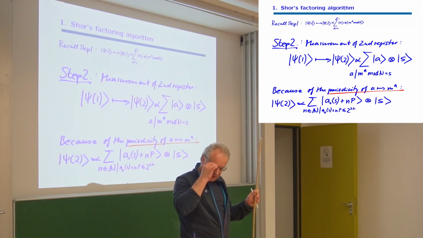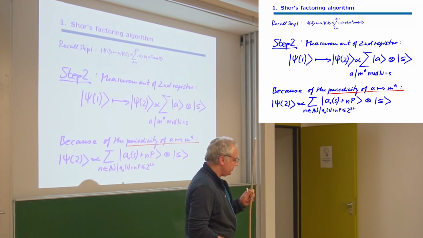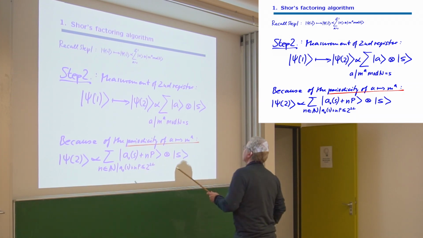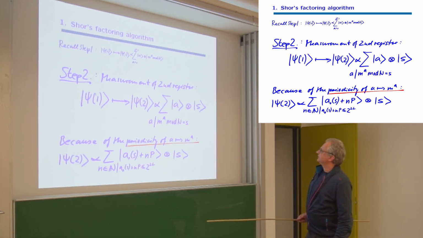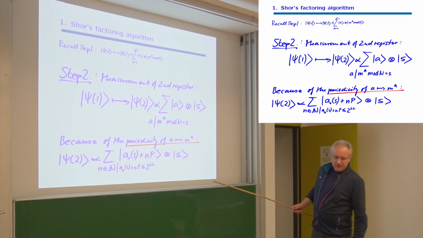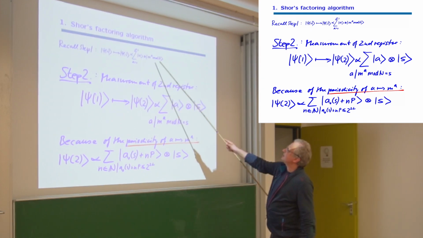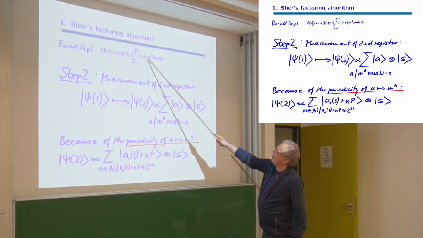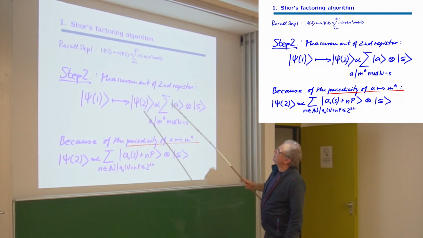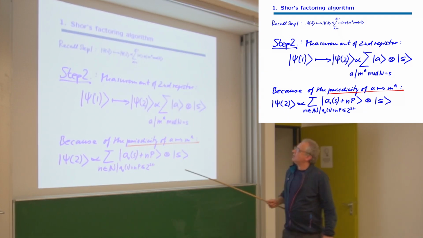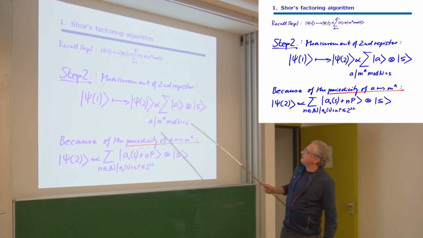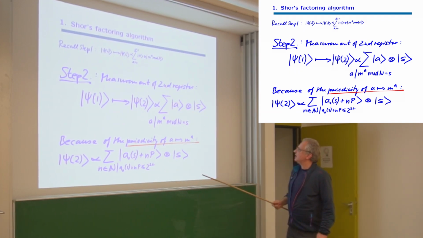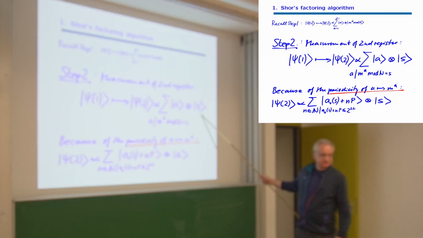Next thing, second step is that we measure the second register. Okay? So we are so far in this state, and well, all values between 0 and n minus 1 occur in this register, and now we measure it.